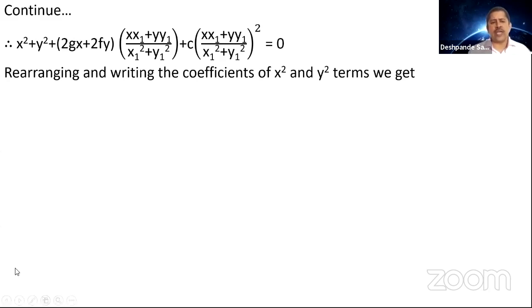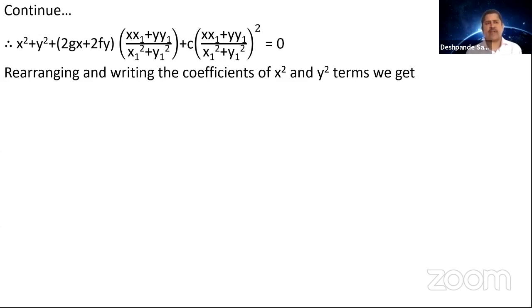So you are going to rearrange this entire expression, write only the coefficients of x square and y square. See, you require only x square terms and y square terms. No xy terms are required, right? So you should be very smart here. No need of writing the xy term. You are going to write only the x square term and y square term.